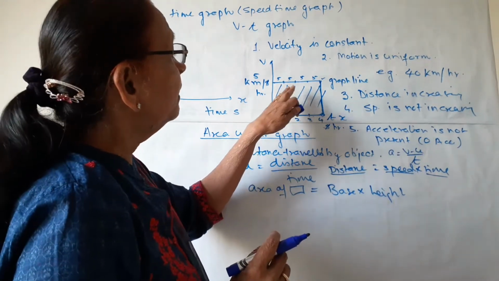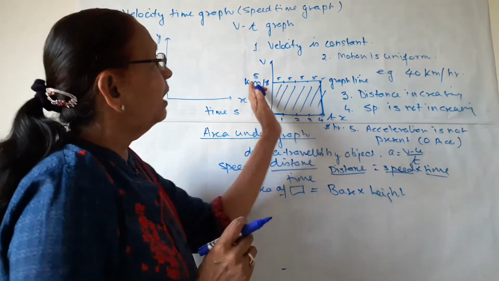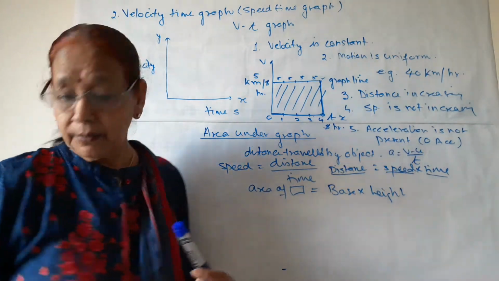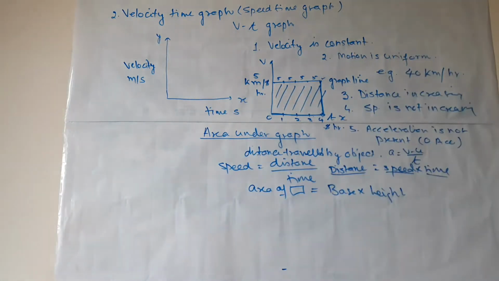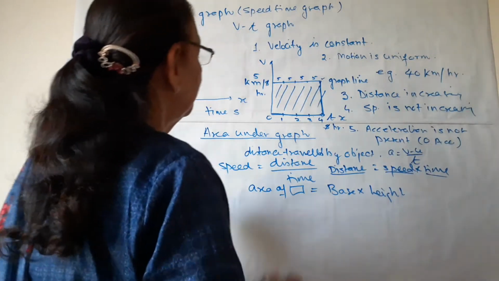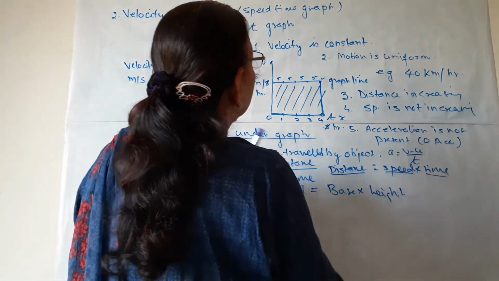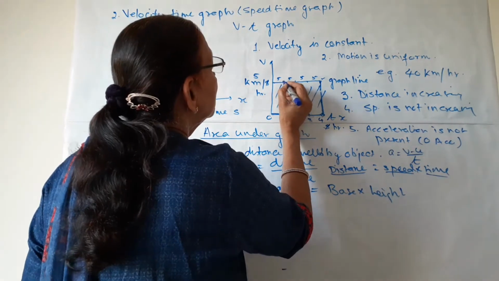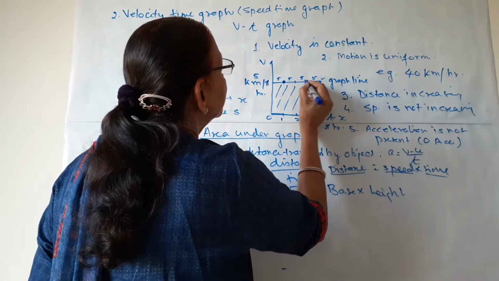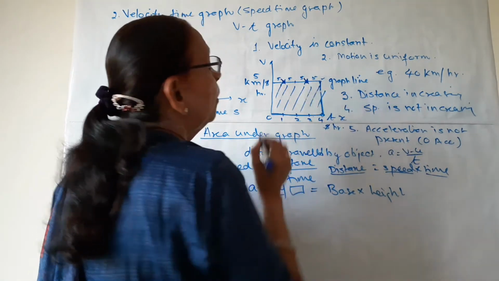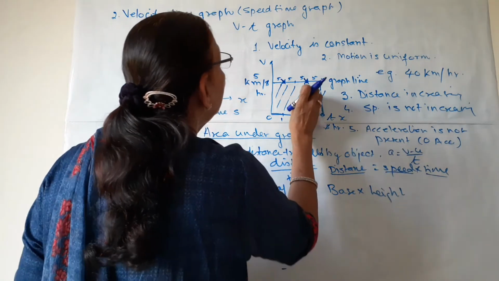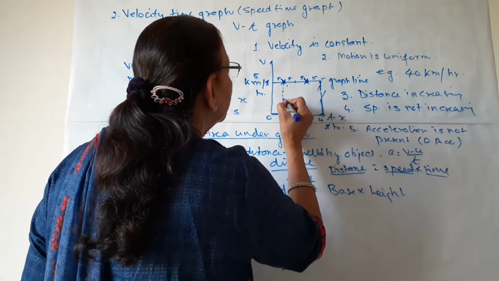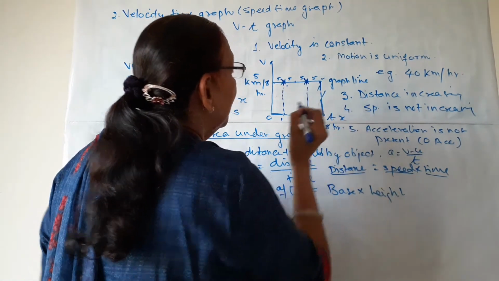So we can calculate distance from this type of graph where the graph line is a horizontal line. I will show you how we can calculate. Suppose this is the graph line. Suppose we take 2 points here and here on this graph line, and we draw 2 perpendiculars from this graph line on the x-axis.